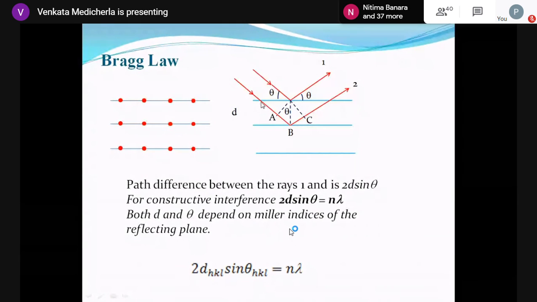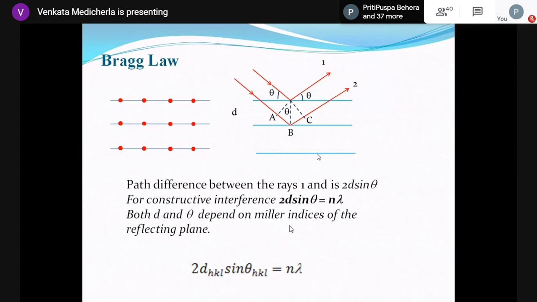Multiple reflection takes place for one ray. A single ray does not have just a single reflection. But to derive the Bragg law, those are not important.